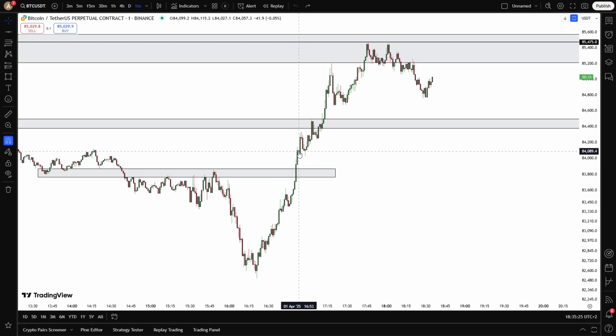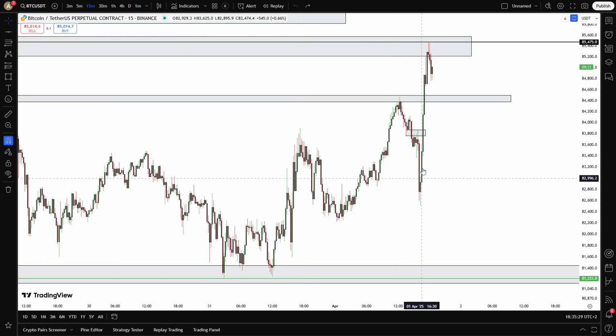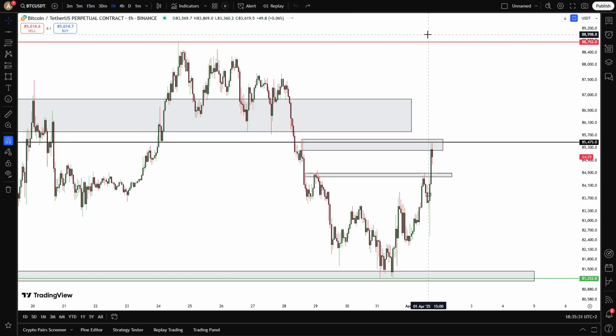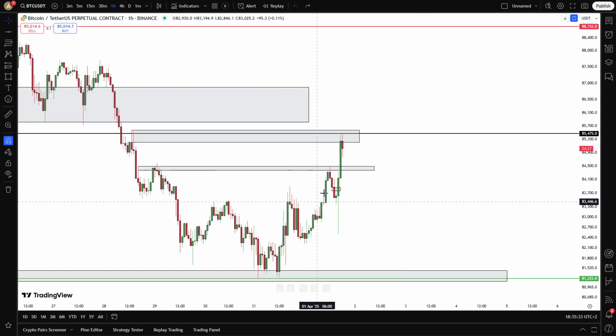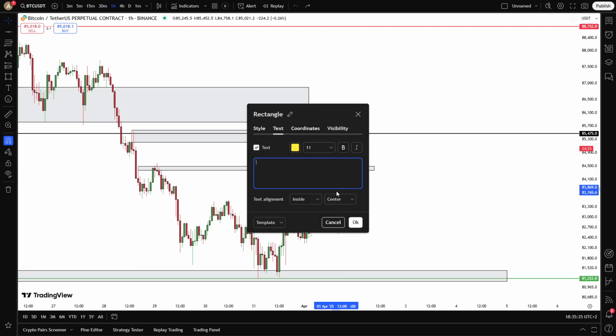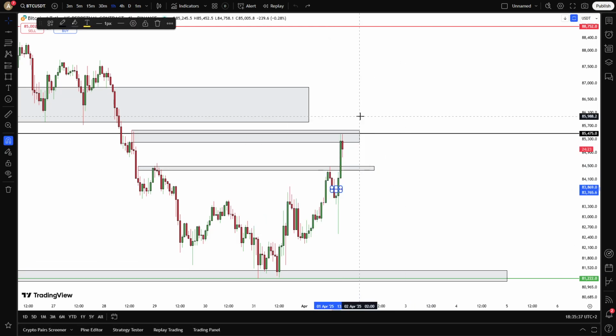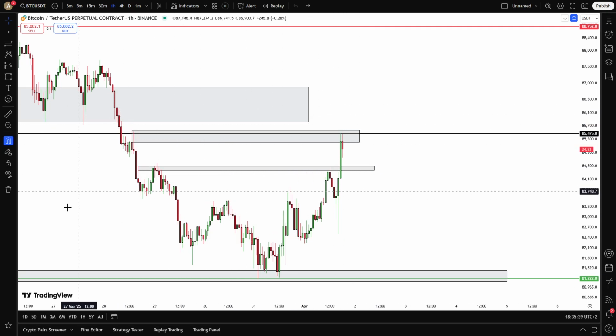But actually it simply broke the level. Why? Because we were in an uptrend on the higher time frames. Okay? And you want to trade, of course, with the trend. How to do this or how to filter out trends, there is another video about it.